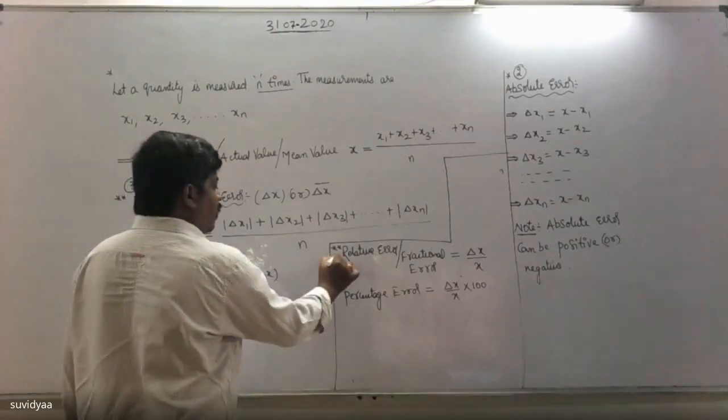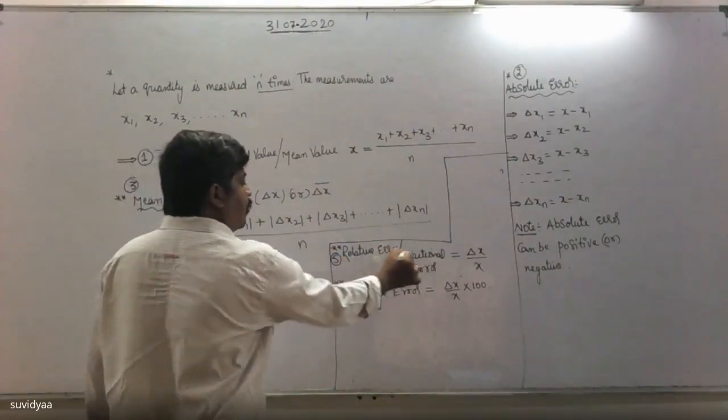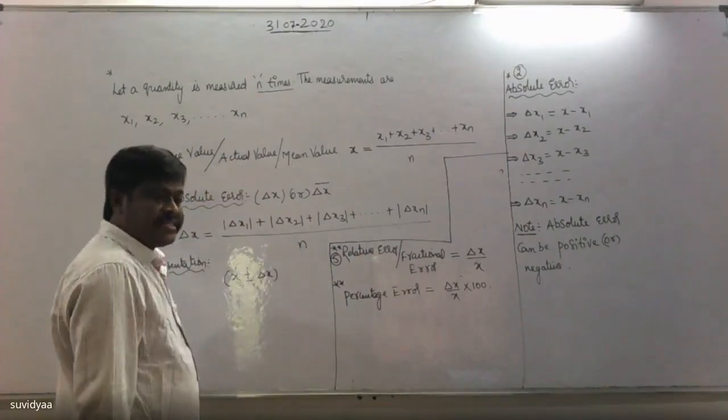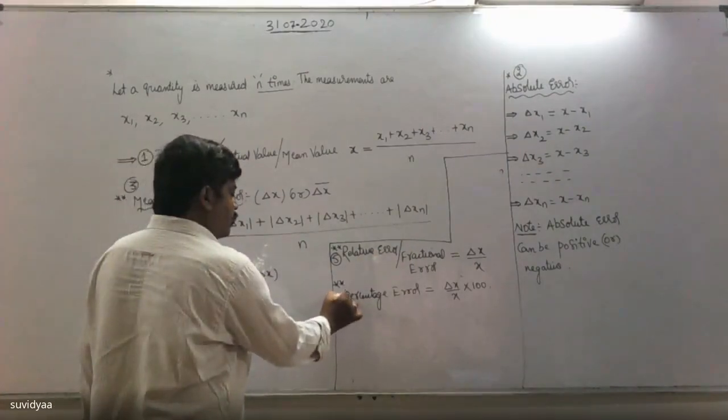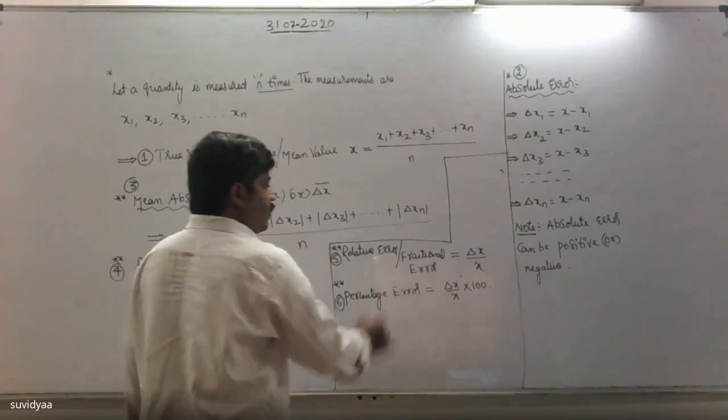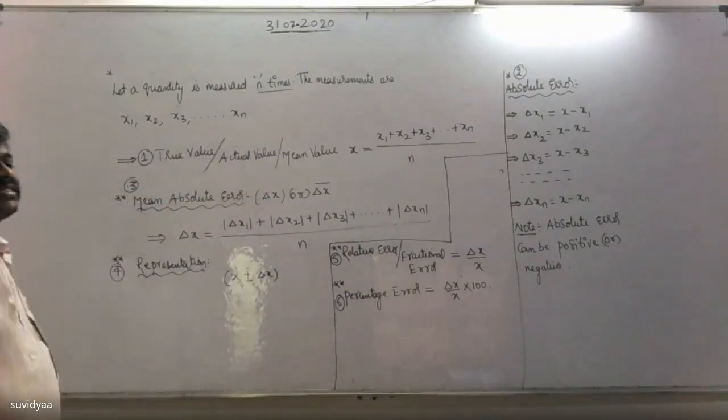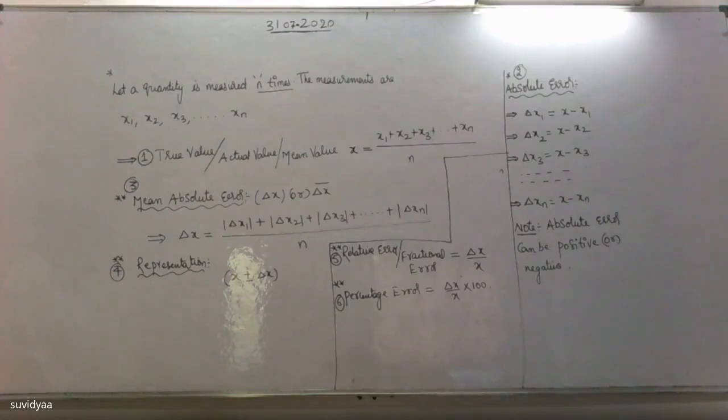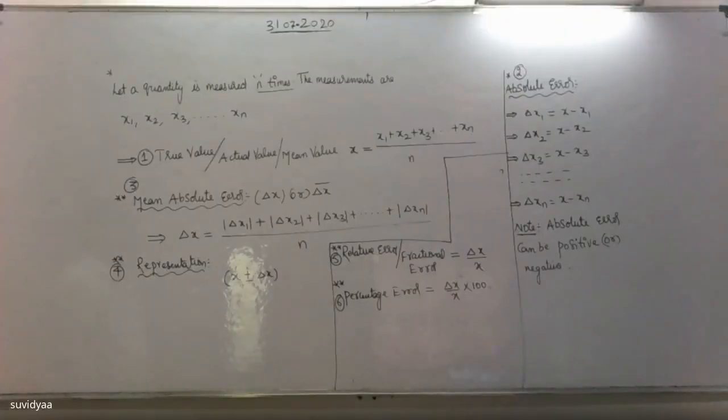Fifth one, relative error or fractional error. Sixth one, percentage error. So all these 6 formulas are most and most important. Understood? Copy the formulas.